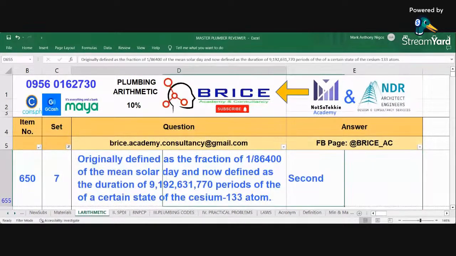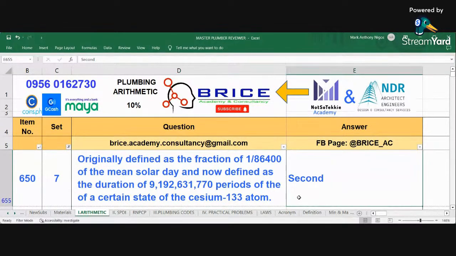Originally defined as the fraction of 1 over 86,400 of the mean solar day and now defined as the duration of 9,192,631,770 periods of a certain state of the cesium 133 atom. Answer is second.